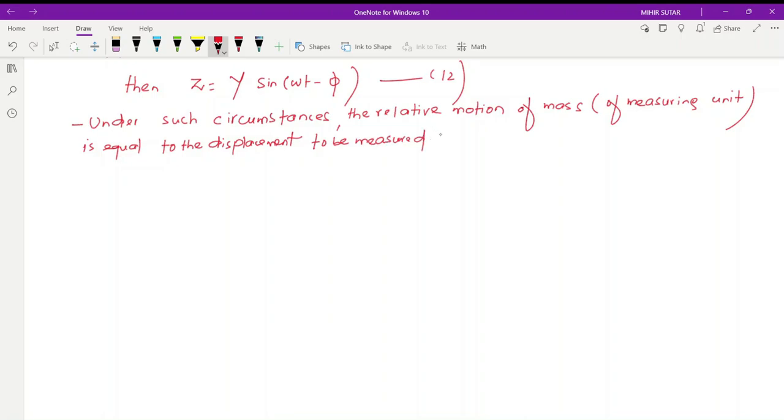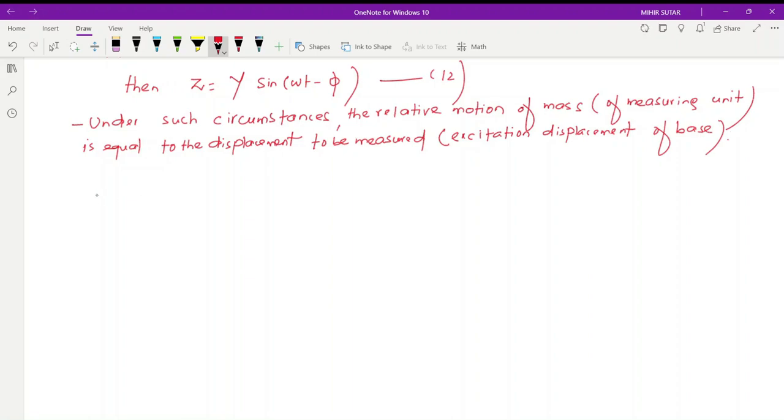We can say the excitation displacement of base.